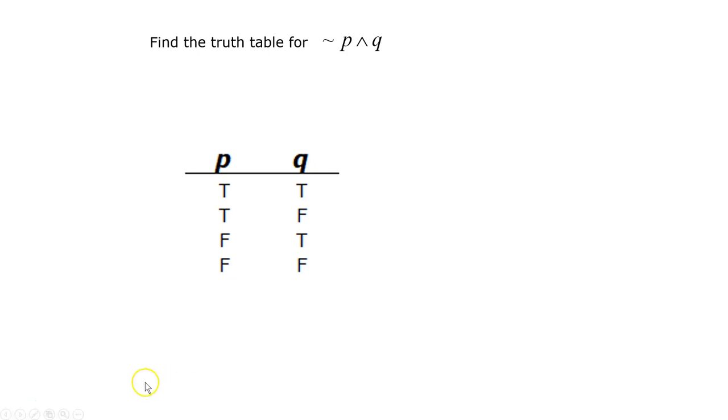Now, to come up with a truth table for this, I'm probably going to have to take some intermediate steps, and that's perfectly allowable. Your textbook goes through a method where they would put a not sign here, then not P over here, and then an and sign here, and this would be my final column.